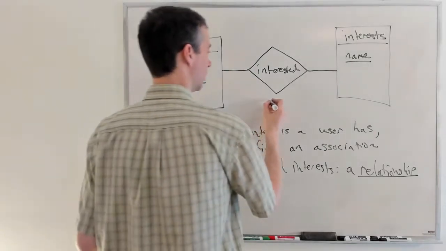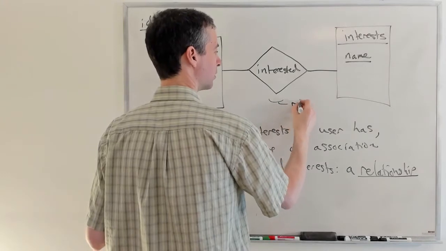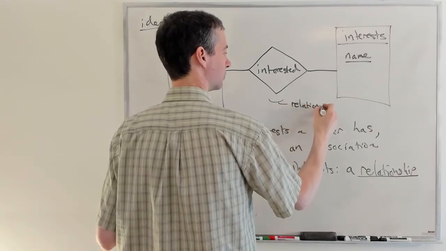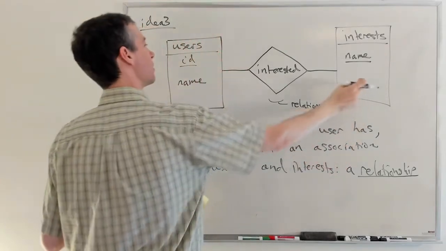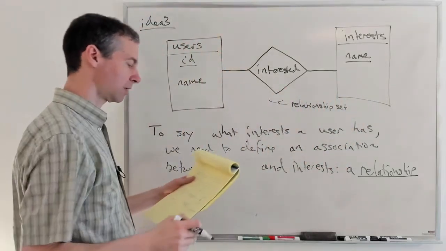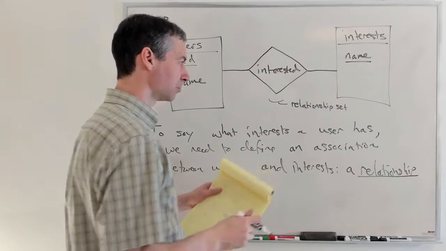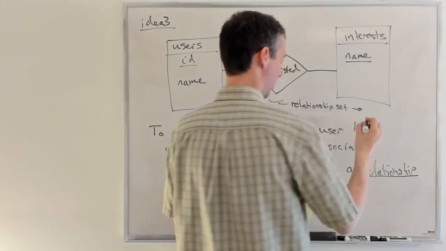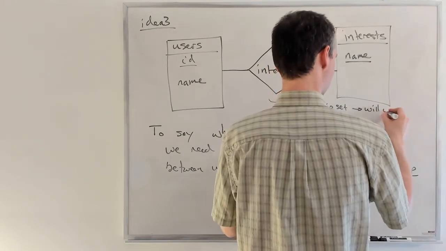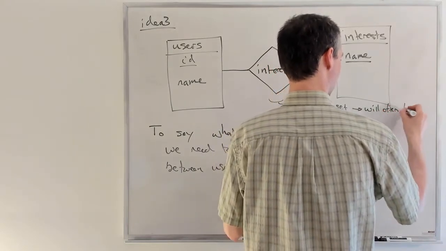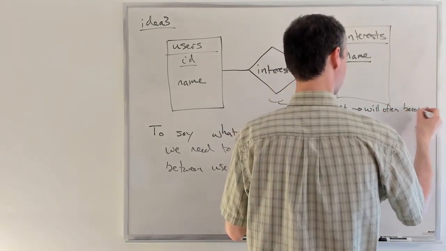So this thing here, this is our relationship set. Again, interest is an entity set and users is an entity set. But you should know that relationship sets will often become tables too.